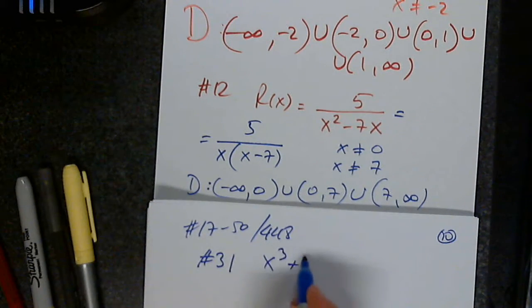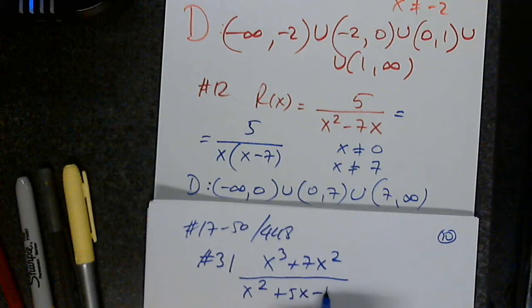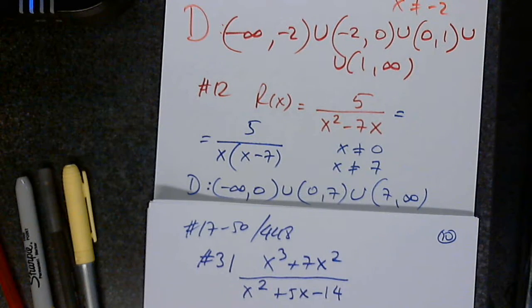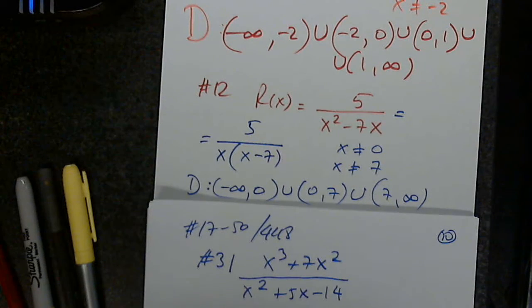Which is x cubed plus 7x squared, and everything divided by x squared plus 5x minus 14. We're asked to simplify this rational expression. I can simplify it before I completely factor. Good.